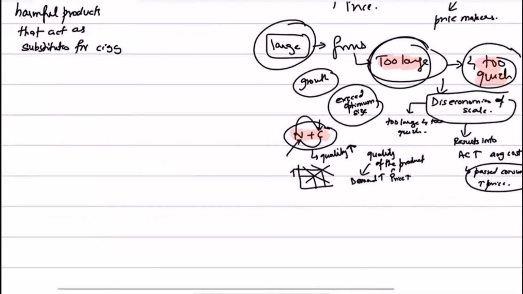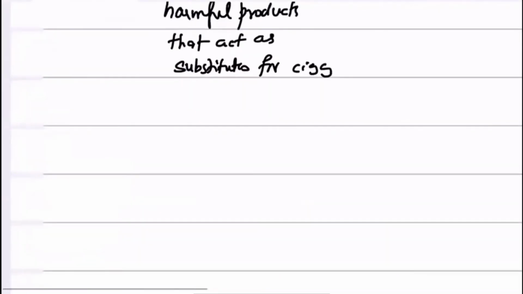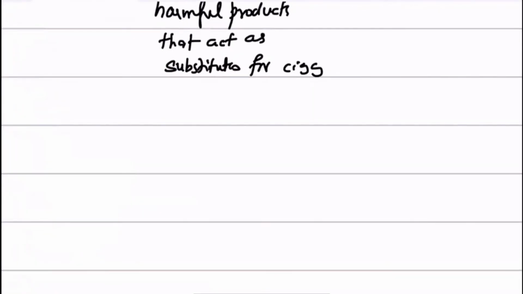Moving forward, however, the fact is that it's not always true, so then you write, however, it could also be argued that this statement is not always true. It's not necessary that if the firms merge together in the same industry, the price of the product will go up, because remember, one of the advantages of growth, or one of the advantages of being a large firm, is that it results into economies of scale.